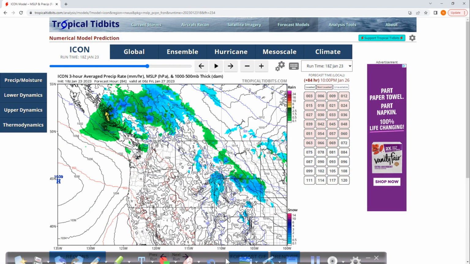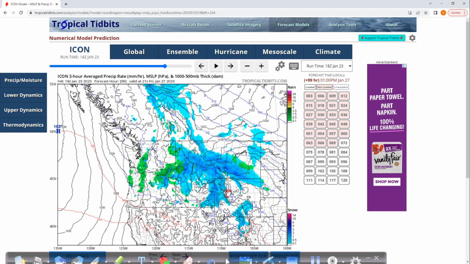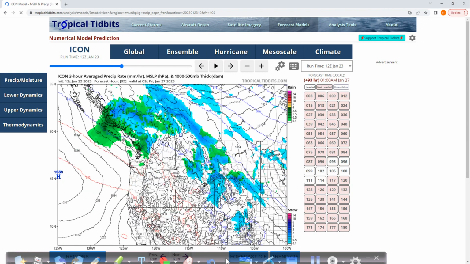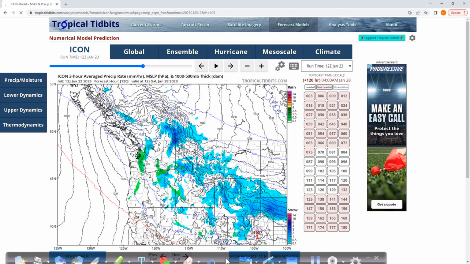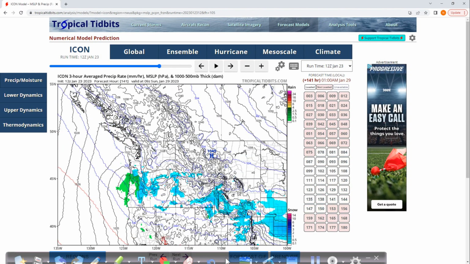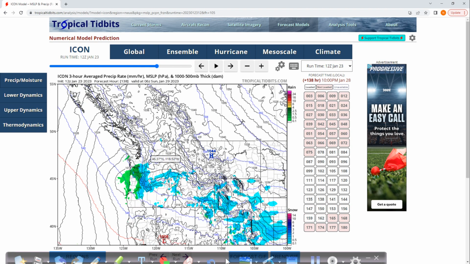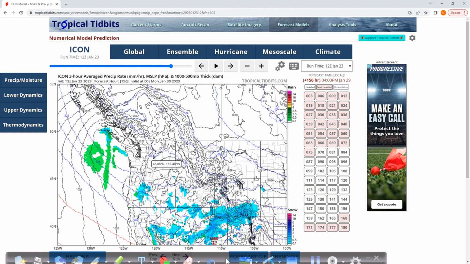This is the German model, and that's this afternoon's run. So this morning's run, here are the rain showers Friday. Here's that colder system coming through. It only has a little bit of light snow at the very end of this in the Portland area.